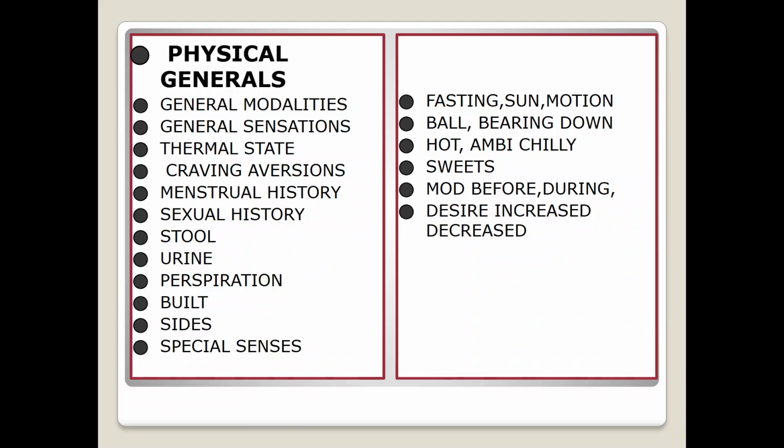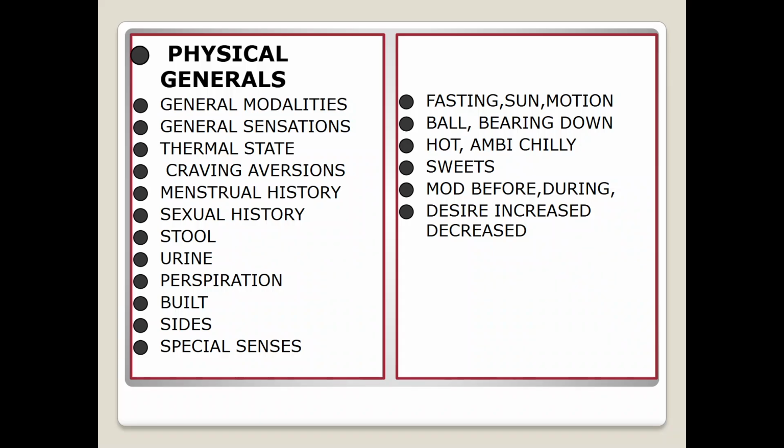Third important we'll put in the evaluation is thermal state. Say hot, ambithermal, chilly. Next important we'll put as cravings and aversions. That is patient says craves sweets or aversion to bitter. Next important we'll give to the menstrual history and sexual history.